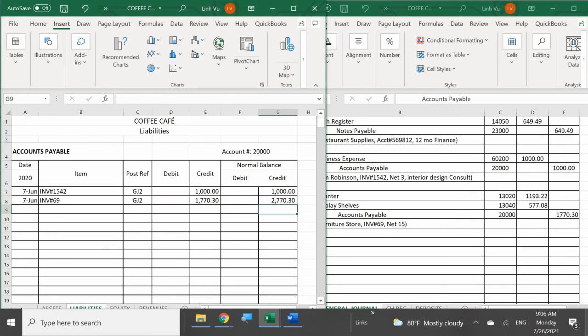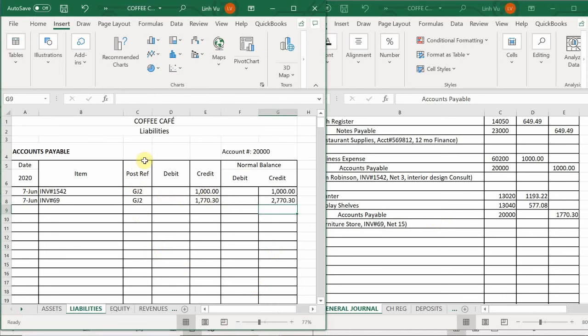Okay? And what this formula does is, every time I pay for a bill, it's going to subtract. Every time I increase a bill or receive a bill, it's going to increase my accounts payable. So in this case, I jumped from $1,000 to now $2,770.30. Okay?